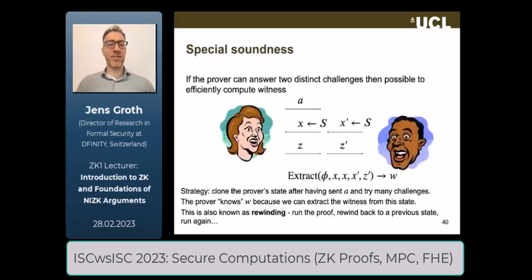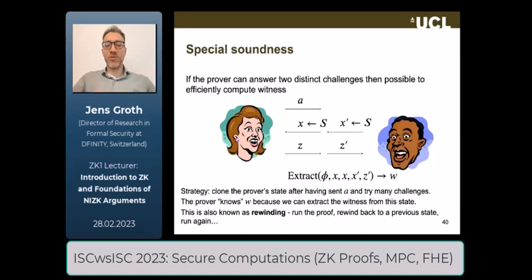But knowledge soundness makes a lot of sense. And actually what it has, and what all Sigma protocols have, is something called special soundness. The idea is that if the prover can answer two distinct challenges, then it's actually possible to extract the witness. So the strategy is roughly, we run the prover until the prover has sent the initial message.